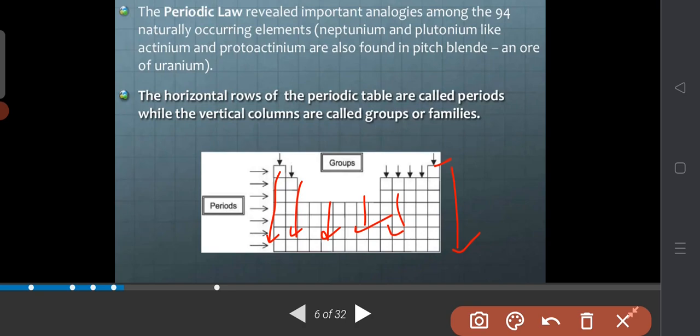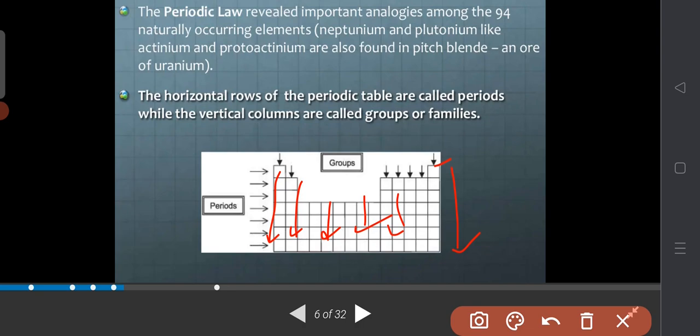According to the Mendeleev periodic table, sections like 8A, 8B, 7A, 7B have been given. But according to the modern periodic table, we will write up to 18 groups, 1, 2, 3, 4, 5, 6, up to 18, and the number of periods is 7.